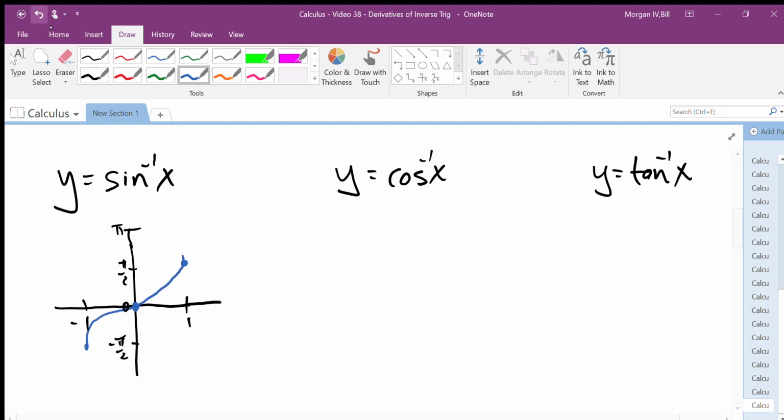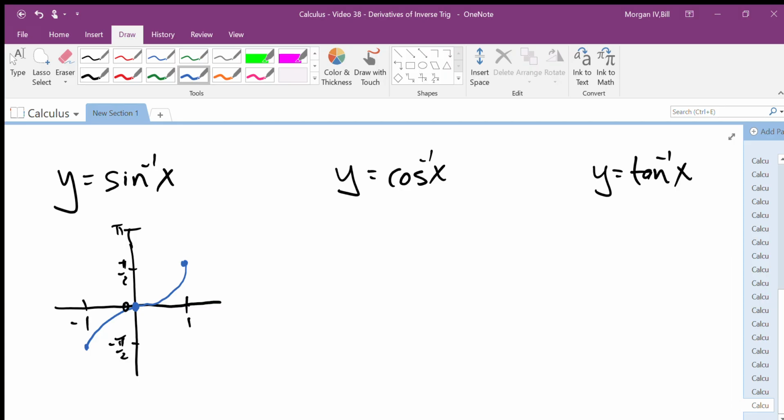That's a terrible graph. It would look something like this if you kept it going, and then this, and then this, and you'd have this whole sine function winding up along the y-axis, but we only have this portion of it. Let's try it this way. There we go. We only have this portion of the inverse sine function.